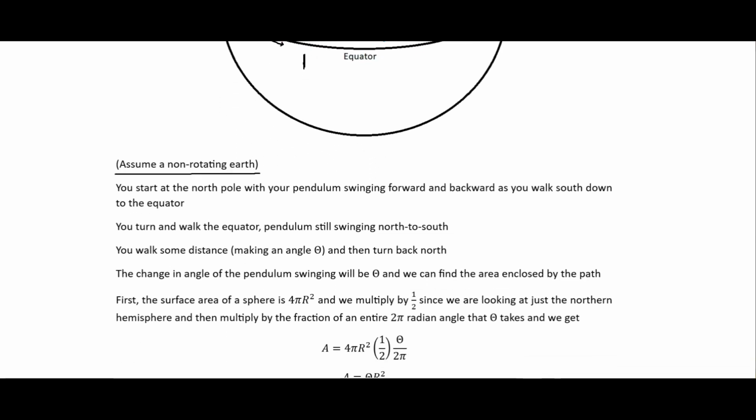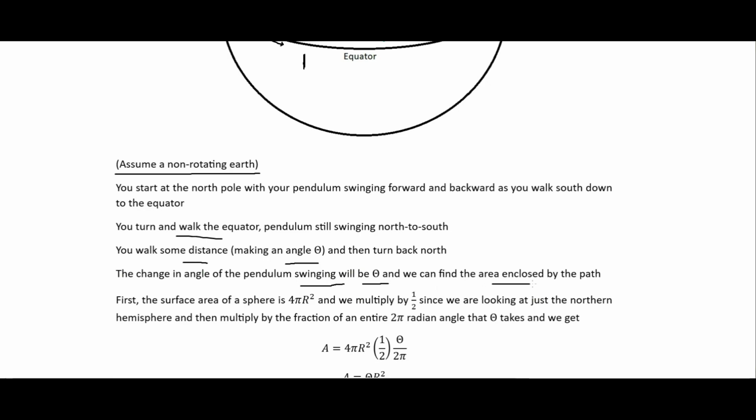So here I'm just explaining what I did. You start at the North Pole, you go to the equator, and you walk some distance, making an angle uppercase theta. And the change in the angle of the pendulum swinging will be this theta.